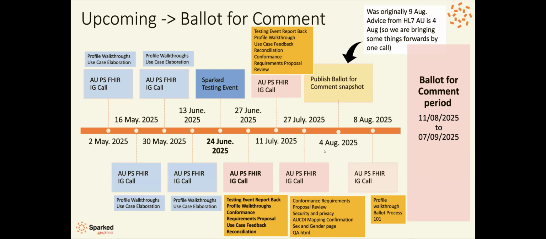We've been advised we need to publish on the 4th of August. So we're going to be squishing more topics into the previous meetings. There's a little bit of change to the original topics that we had to try to account for getting through, I guess, the more substantive items before the ballot for comment deadline there. Thanks for that, Danielle.